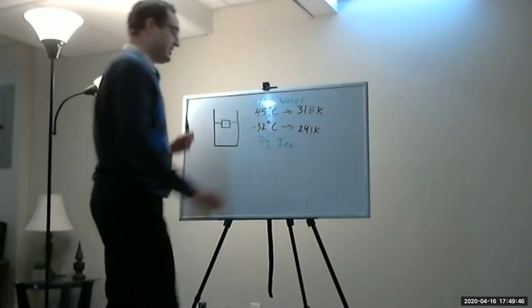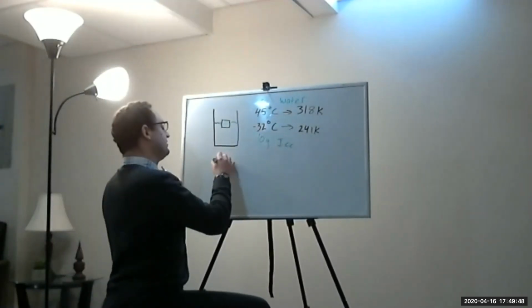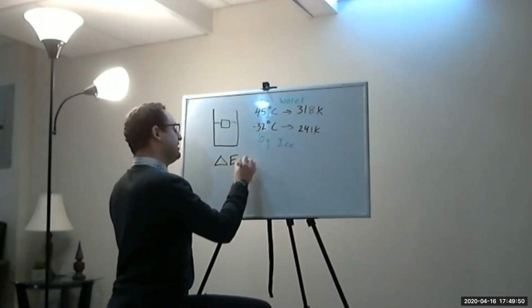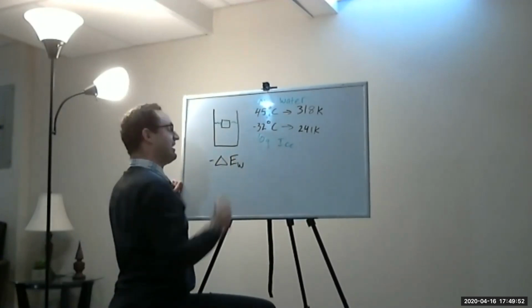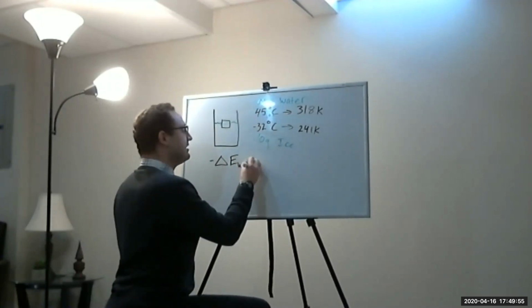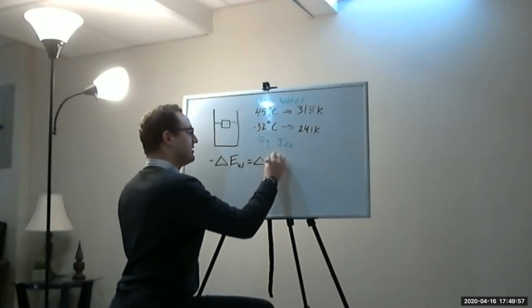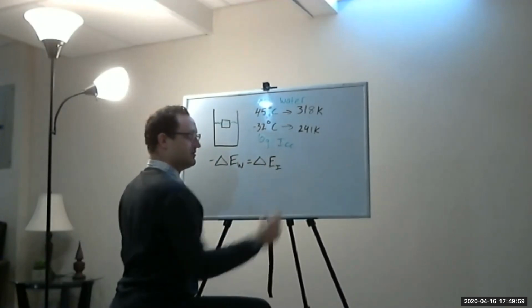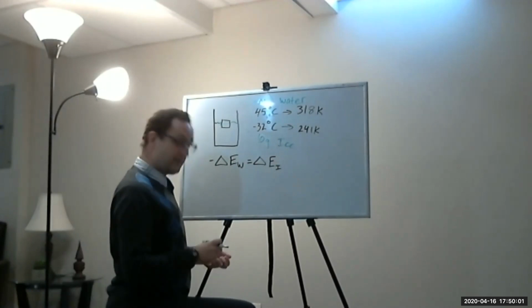That is to say, delta E water, negative, because it's losing it, equals delta E ice. Does that make sense?